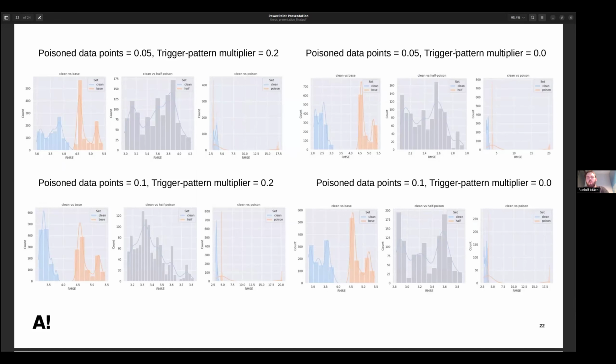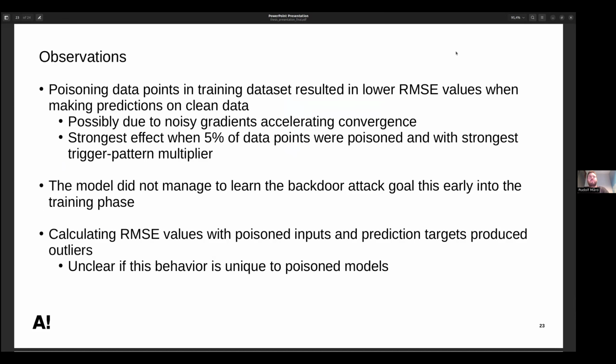And well, what can we observe based on this? When poisoning the data points in the training dataset and training the poisoned model, that resulted in lower RMSE values compared to the RMSE values produced by the clean model.